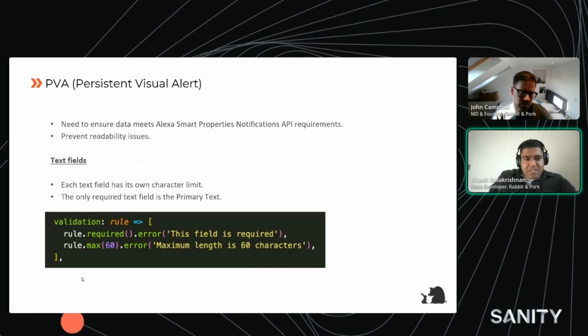So I'm going to go through each of the fields. Text fields, pretty basic. Each text field has its own character limit, so we have the rule maximization there. Primary text is the only one that's required to create a PVA, so we have both rules there.